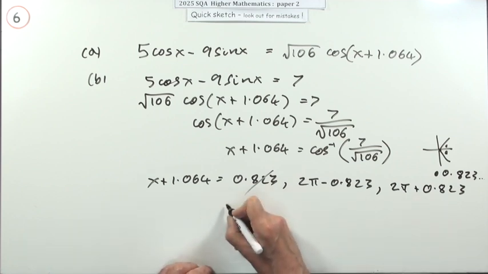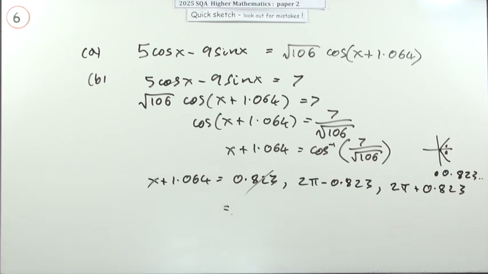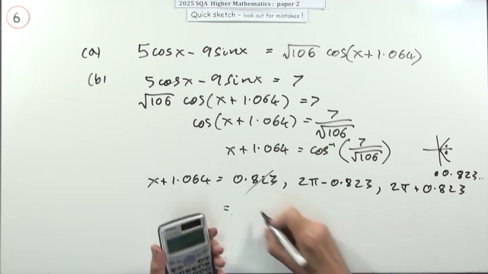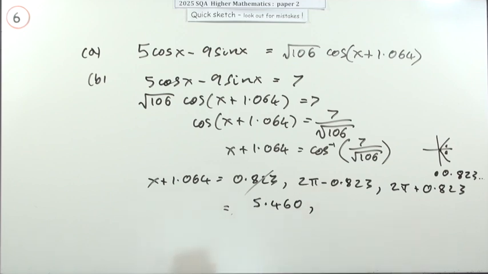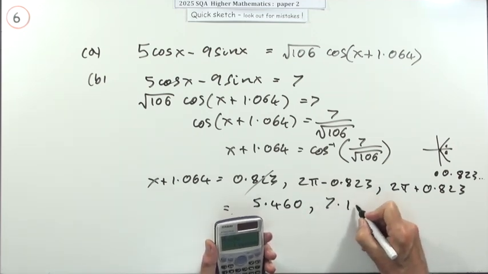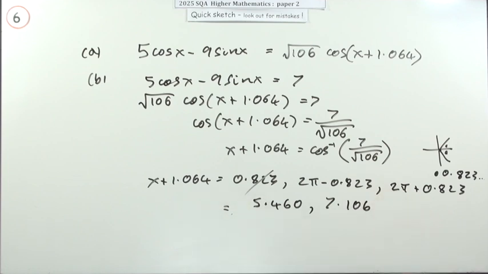So I'll just put in what they are first of all. So the first one is 5.460. The next one is 7.106. Final answer. Just take that away from each of them.